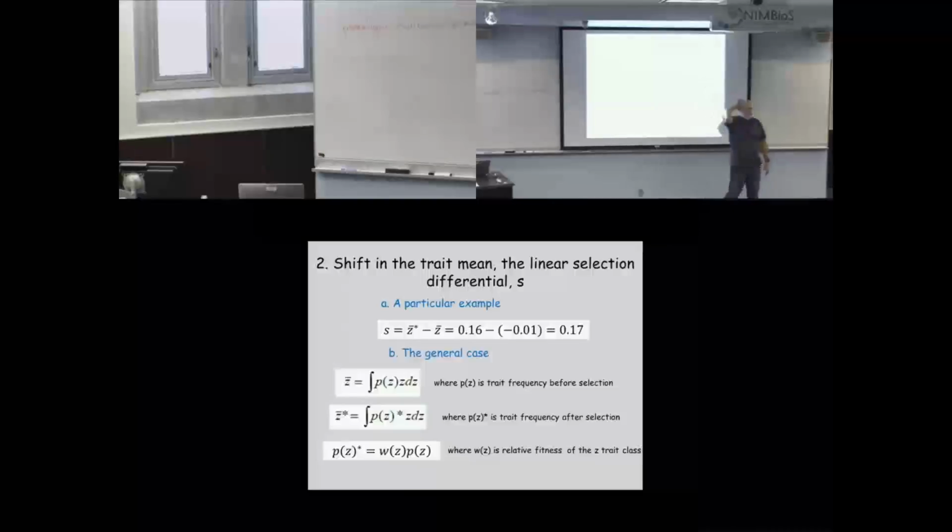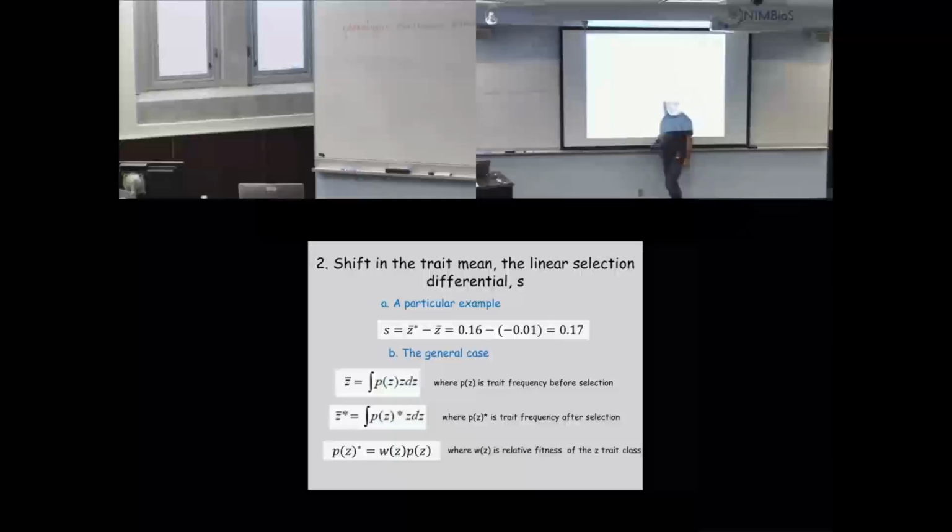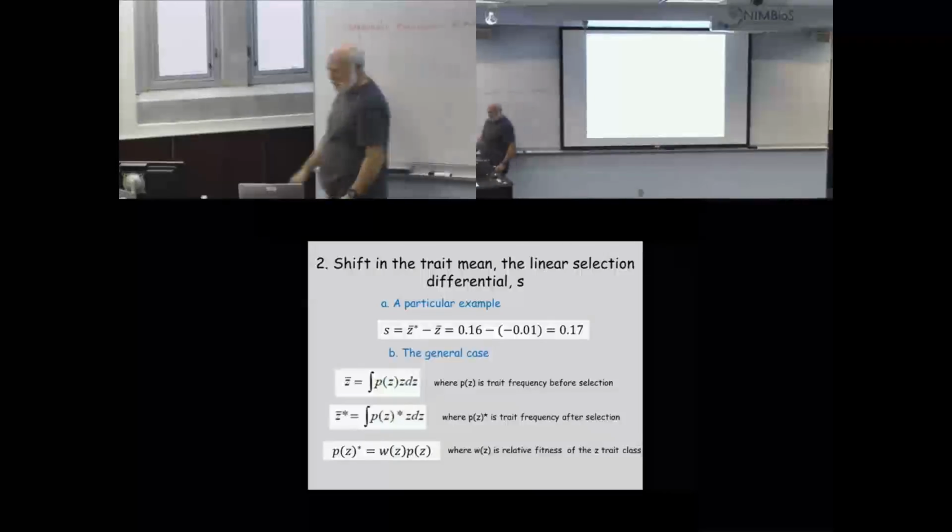Because this is in units of phenotypic standard deviation, we've shifted the mean in the upward direction by 17% of 1 standard deviation. So that's the point of the standardization. And it's easy to remember the order in which you put these: if you're shifting the trait in that direction, you want the larger value here and you subtract the before mean, so you get a positive value for S. You with me? If you flipped it around, you'd have a negative S when the mean is shifting that way. That's harder to think about.